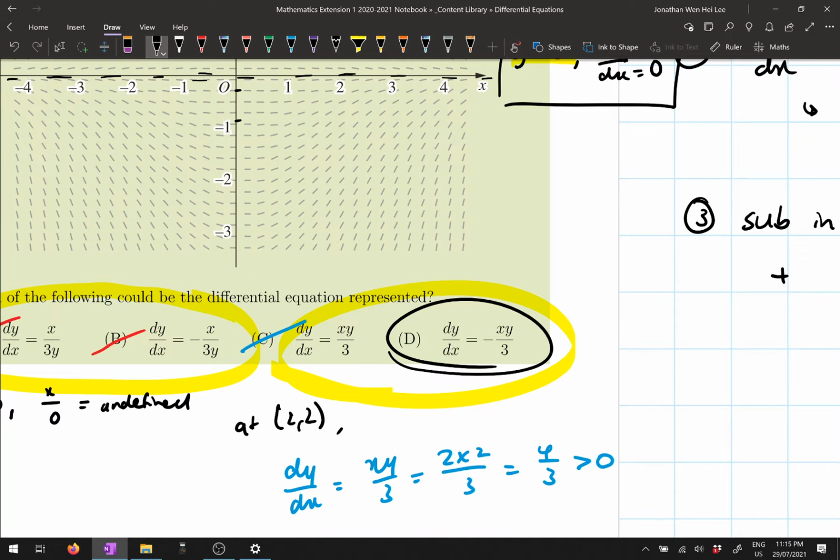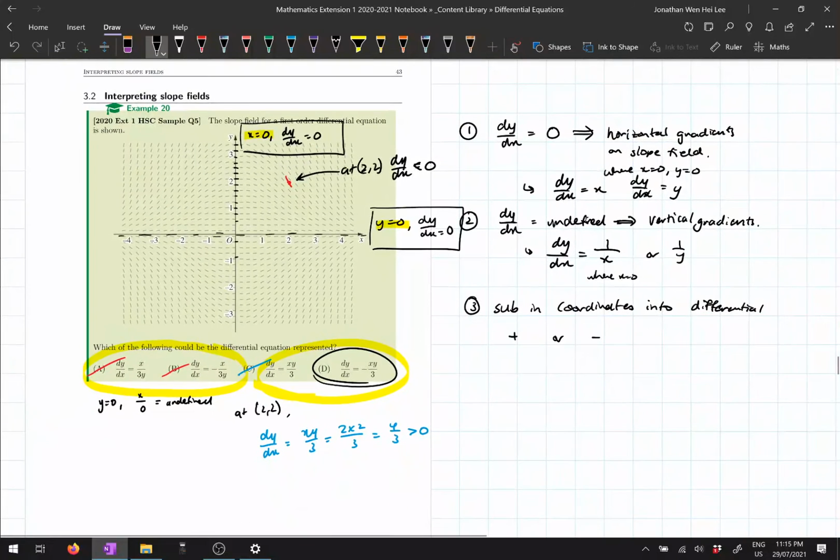Often with these, I use this process of elimination by noticing three main things. First, we want to see whether the derivative on our slope field is horizontal, and that means the x value or y value at that particular point is equal to 0.